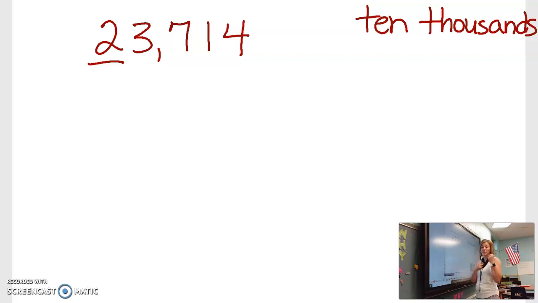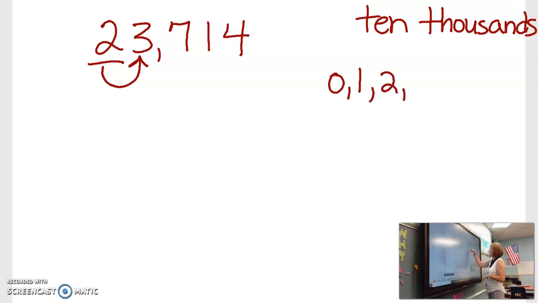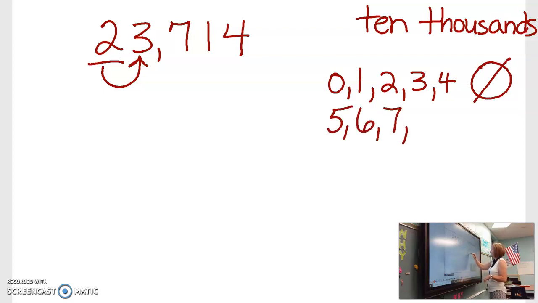She will either stay the same as a 2, or she'll get to change it to a 3. Fairy godmother stands behind her. The fairy godmother has a power of 3. Well, we know at 0, 1, 2, 3, or 4, fairy godmother does not have enough power. We also know at 5, 6, 7, 8, 9, the fairy godmother has enough power.